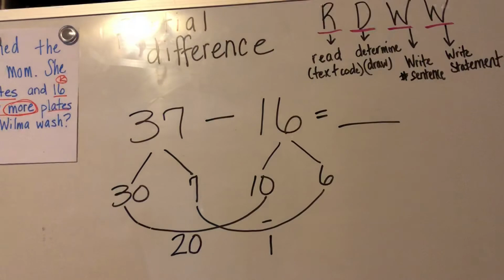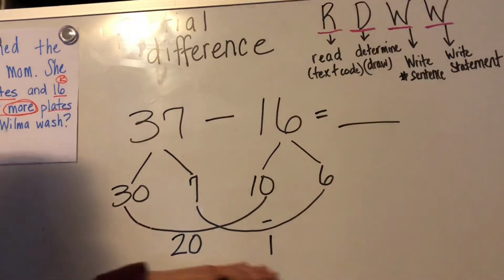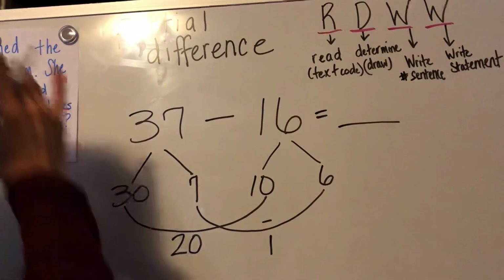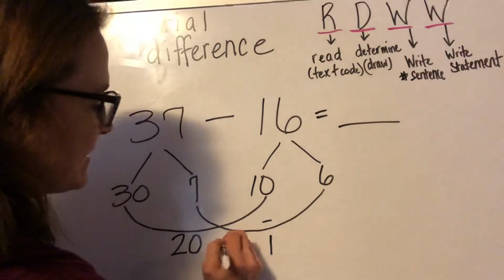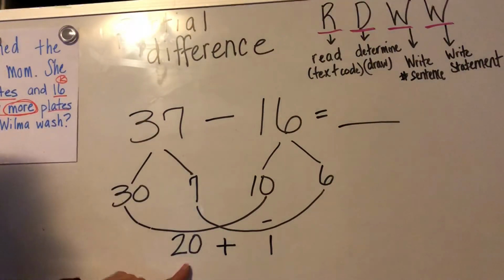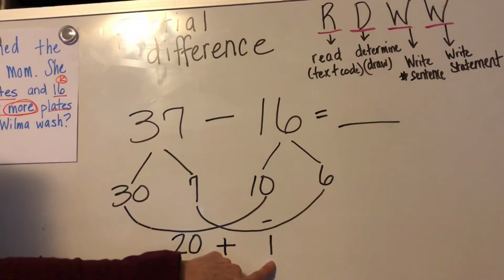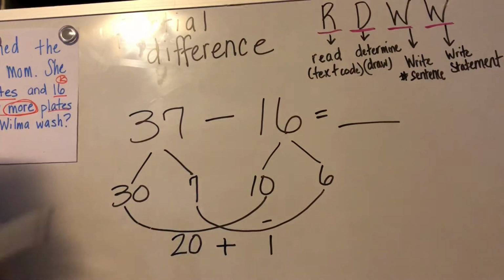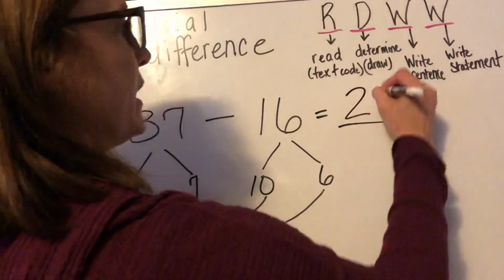And we get 20. Now this is where it can be a little tricky for friends using partial difference. Once we have broken apart our place values and done the subtraction in the tens and in the ones, the final step is that we need to add these two together. Now we know how many tens we had left and how many ones we had left, so we put them together. 20 plus 1 equals 21.